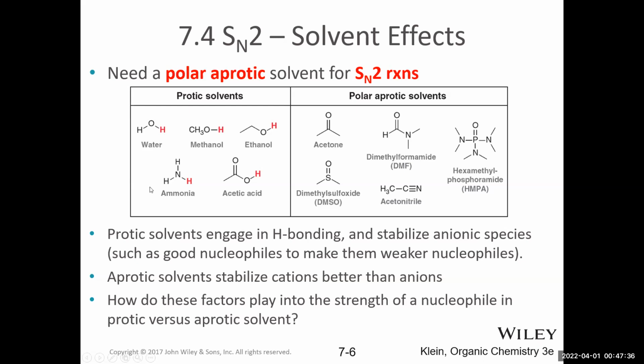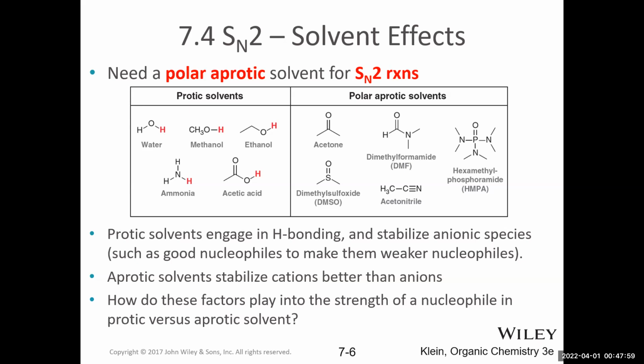So that makes all of these protic solvents because they have OH or NH groups, which can hydrogen bond. Polar aprotic solvents are also polar, but they don't contain any hydrogens attached to oxygen or nitrogen, and therefore there's no hydrogen bonding going on in those molecules.